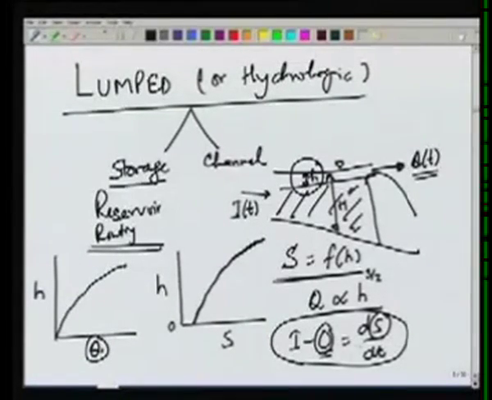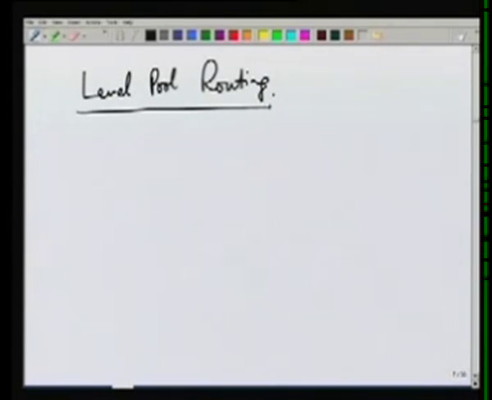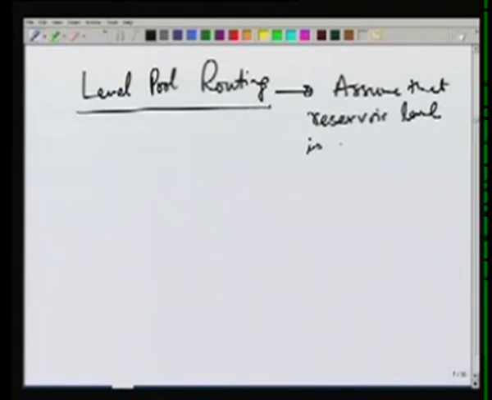There are many methods of solving this. We start with a method which is known as level pool routing. Level pool routing because we assume that the reservoir level is horizontal.